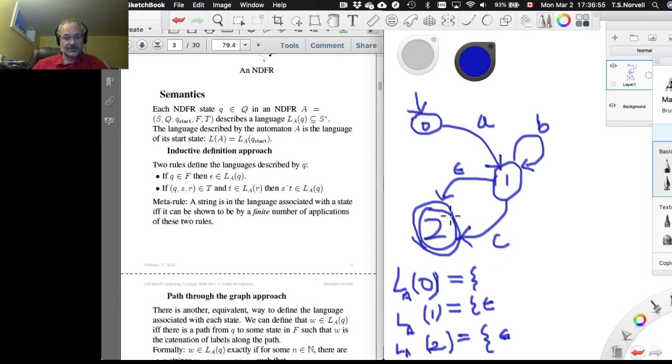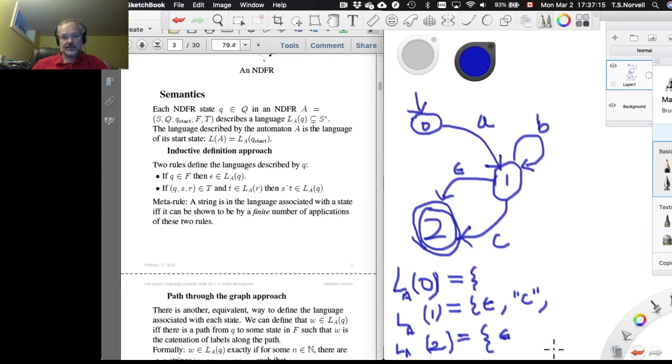The epsilon comes from being in the language of state 2. And so the string that just contains a C is going to be in the language of state 1. Okay?